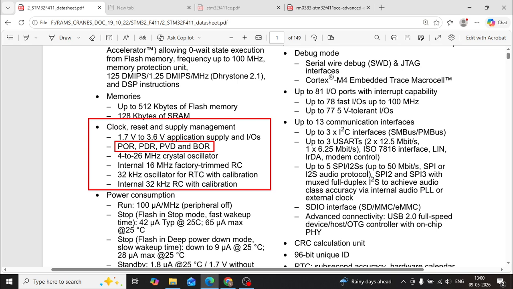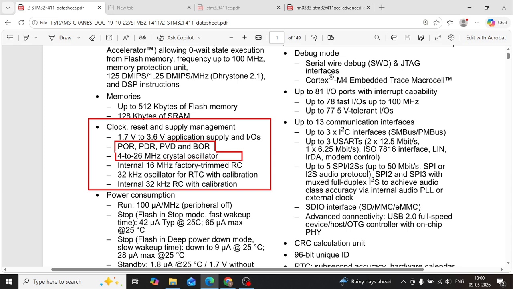Then we have different resets available in this microcontroller: power on reset, power down reset, programmable voltage detection, and brownout reset. POR stands for power on reset, PDR for power down reset, PVD for programmable voltage detection, and BOR for brownout reset. These are all the different resets available inside your microcontroller.